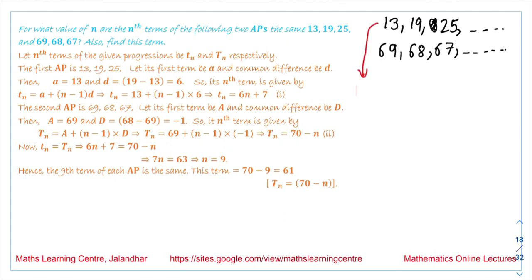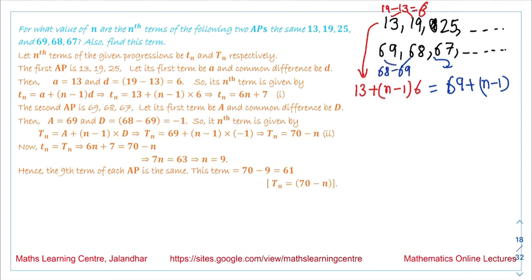For this it is A plus n minus 1 D, and D in this case is 19 minus 13 is equal to 6. In the second case, the first term is 69 plus n minus 1, and the common difference over here is 68 minus 69, that is equal to minus 1.